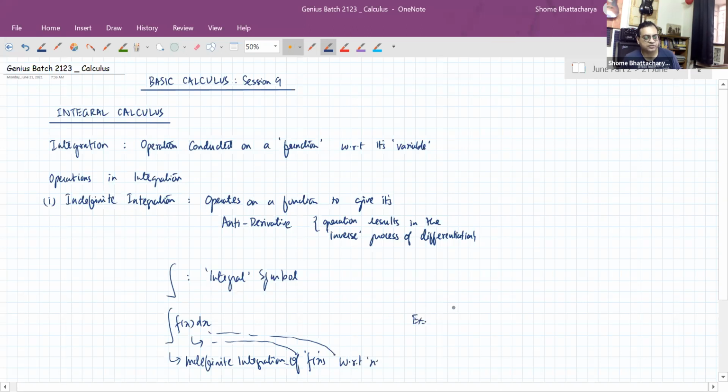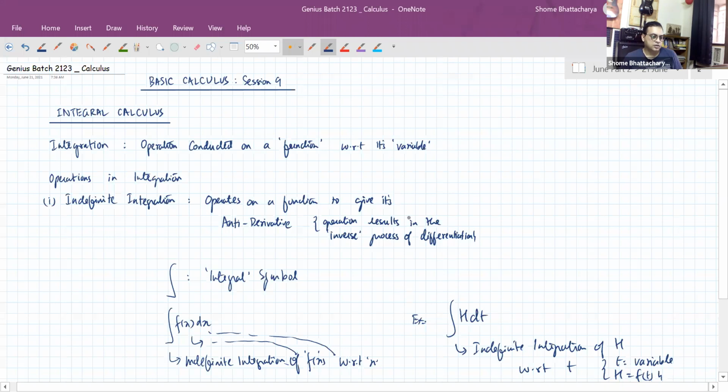For example, if I write integration h dt, this will be read as indefinite integration of h with respect to t. So the understood meaning here is t is the variable and h must be a function of t. So just write down this part first. This is just about the symbol.